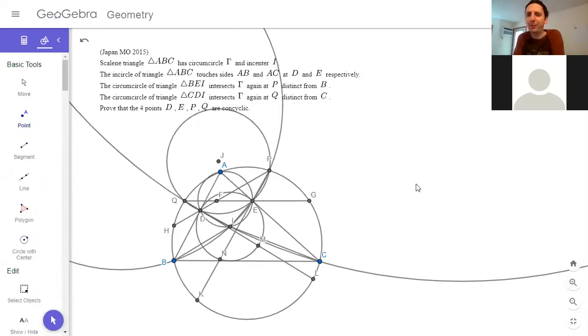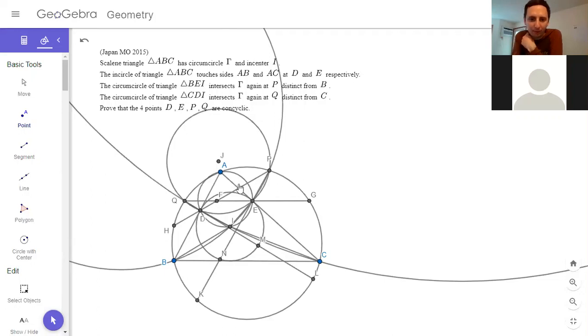Oh, really? You can do it by an angle chase? All right. We've gone pretty fast today, so you can take your time writing out the angle chase.